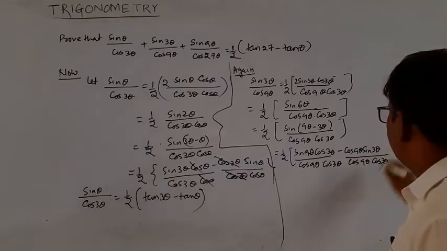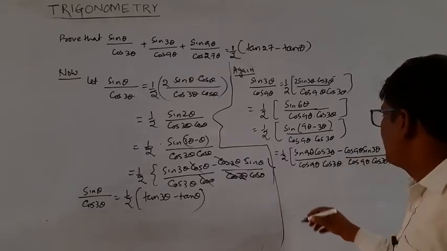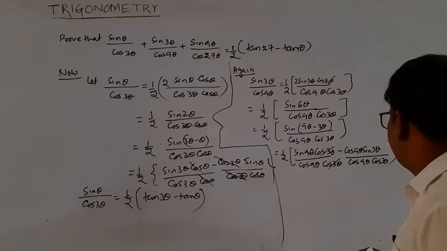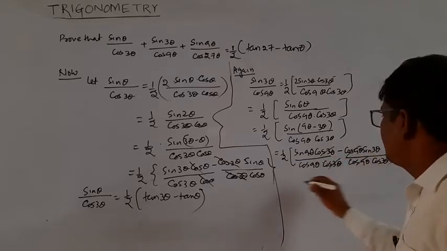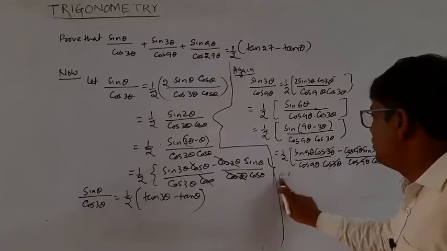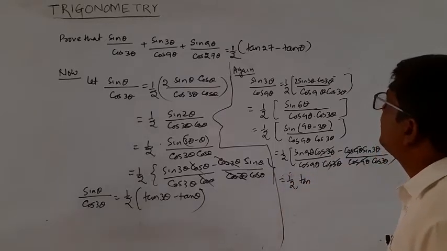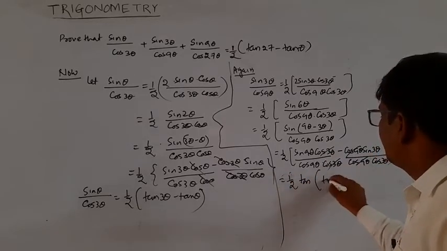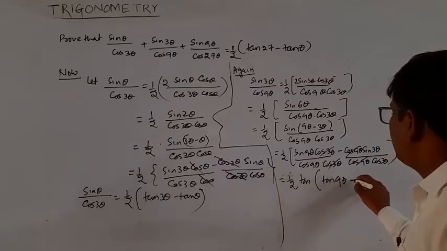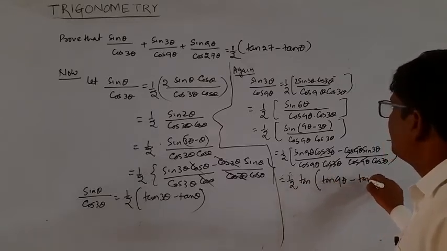Okay, so this cancels here, so 1 by 2 into tan 9 theta minus tan 3 theta.